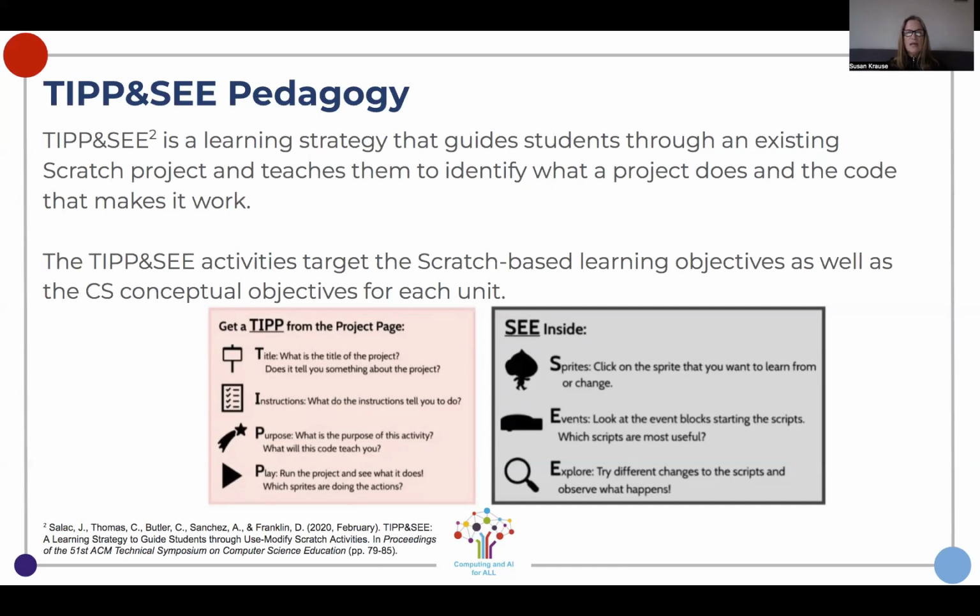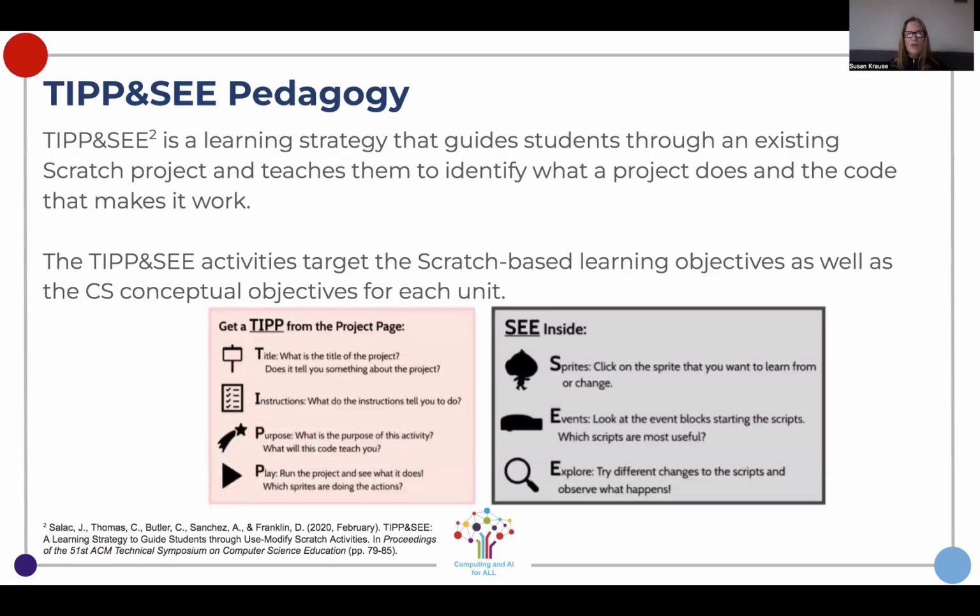The Tip-and-See activities are built into each unit and target Scratch-based learning objectives as well as CS conceptual objectives for each unit. The Tip-and-See allows students to view the Scratch project from a user perspective and understand as much as they can, reading the title, instructions, and purpose before running the project.